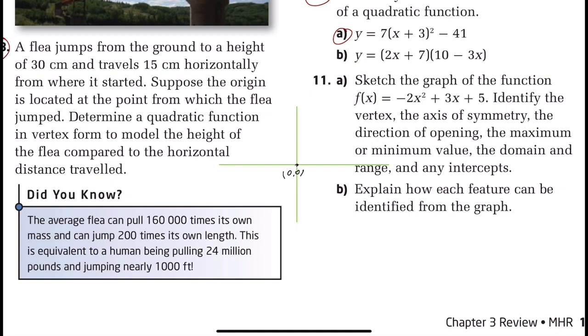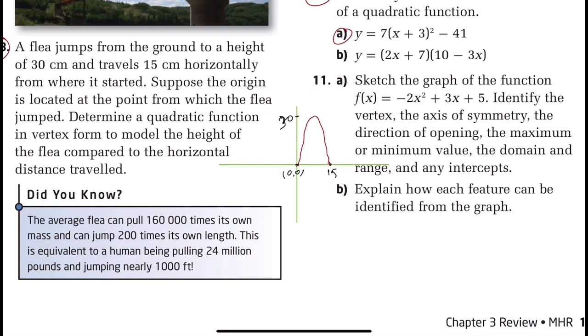I know it jumps up to 30 centimeters, so this is 30, and it goes horizontally 15, so this is 15. Where is my symmetry axis? It will be at half of this, so it will be 7.5. So my jump will be like this, because it jumps and comes back. From here I can see this is 15, the horizontal distance it went.